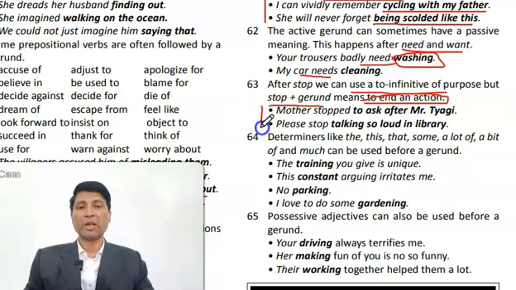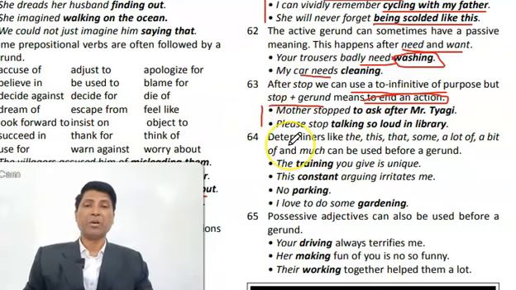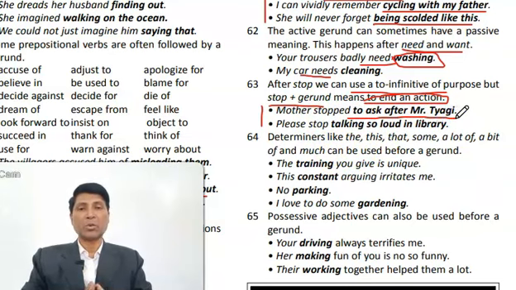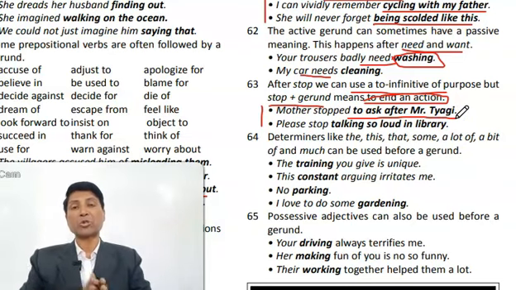Let us understand with the help of these examples. Mother stopped to ask after Mr. Tyagi, and please stop talking so loud in library. So here, mother stopped to ask after Mr. Tyagi. This to ask after Mr. Tyagi is talking about purpose. Why did mother stop?